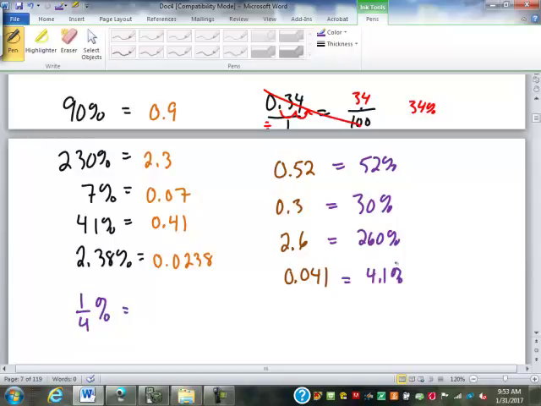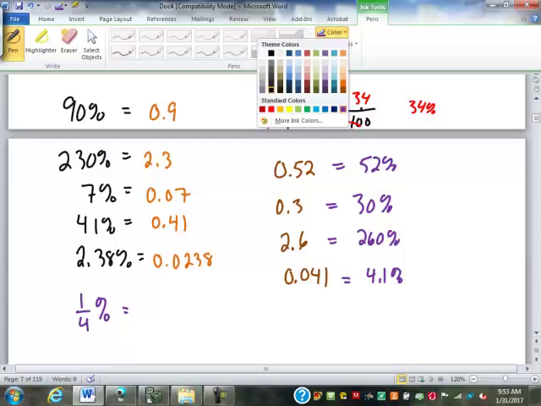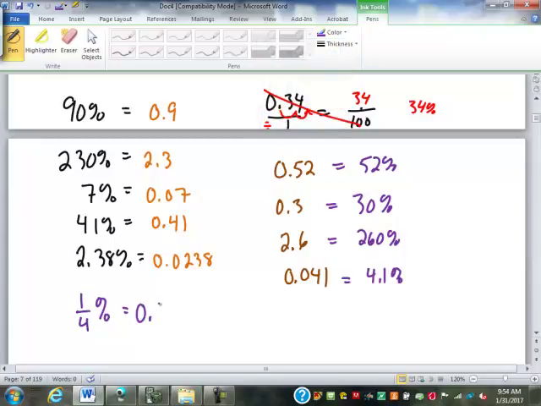1/4%. Turn that into a decimal. What'd you get? 0.0025.